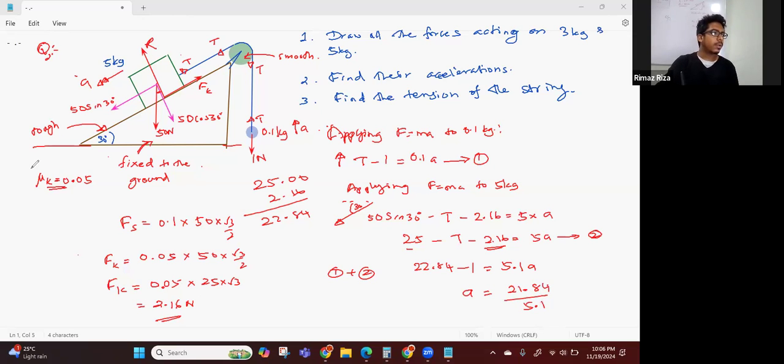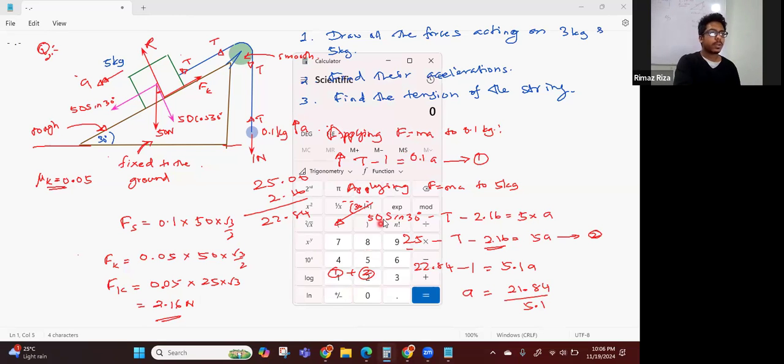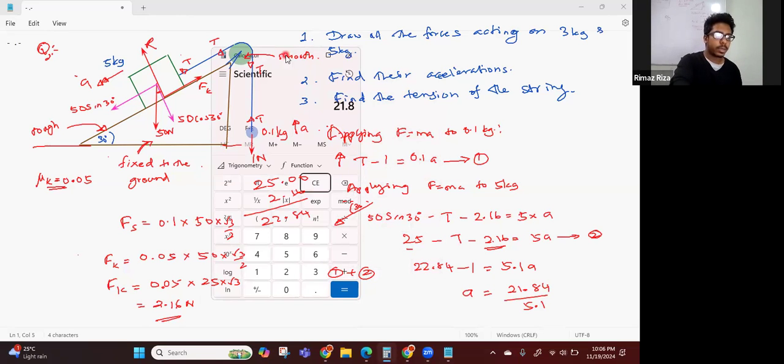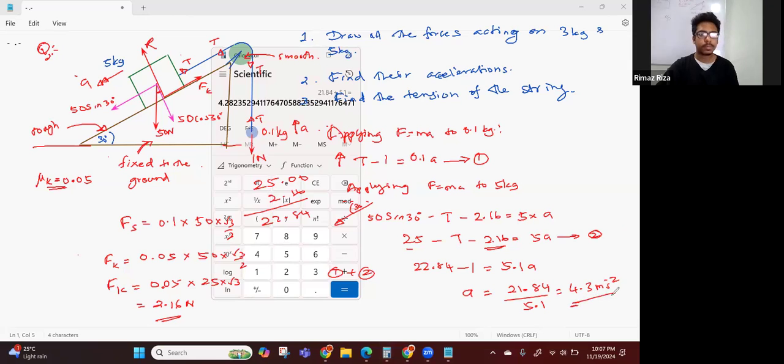Okay. 21.84 divided by 5.1 is 4.28. So we can take approximately 4.3, which is 4.3 meters per second squared.